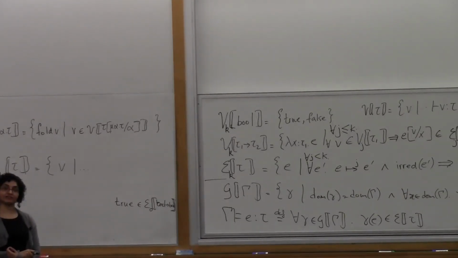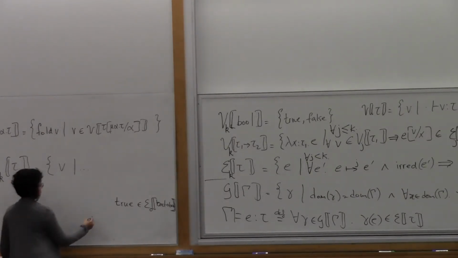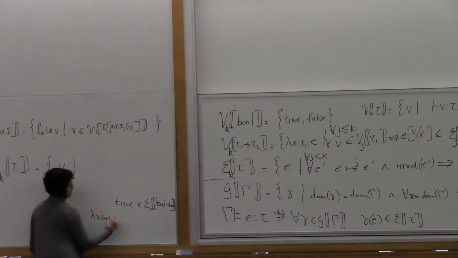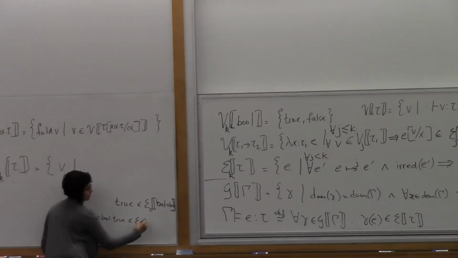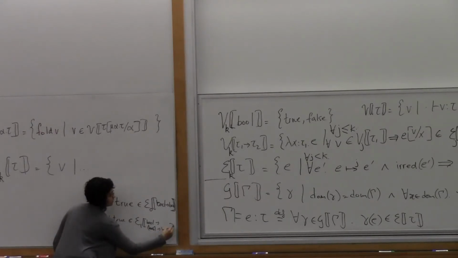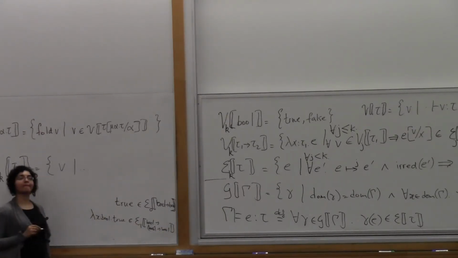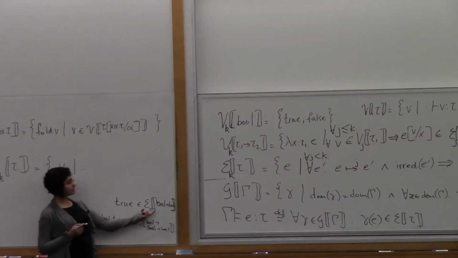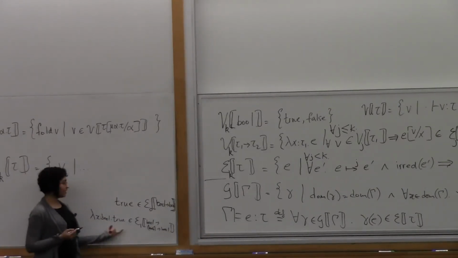Yes, it does. So in particular, something like lambda x bool dot true looks like it has type bool arrow bool for 1 step. Because if I give you a lambda, this guy looks like it's a function for 0 steps. Now let's make that the body of this lambda.